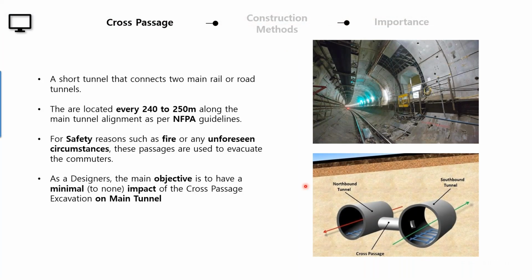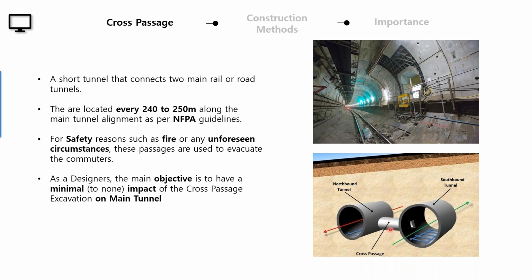Introduction. Basically, a cross passage is a short tunnel that is connecting two main tunnels. The main tunnels could be constructed using a tunnel boring machine or maybe an NATM method, whatever it might be. A short tunnel that is connecting the main tunnels is nothing but called a cross passage.